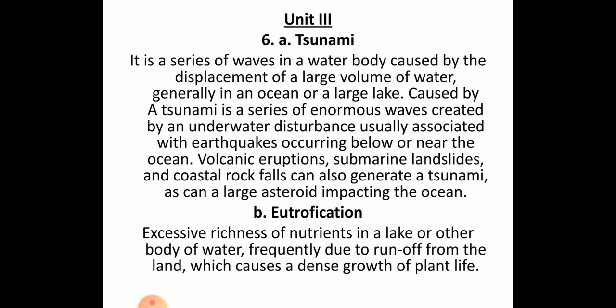Next, eutrophication. In eutrophication, you can see larger algal blooms, like completely green patched lakes or ponds. Why does it usually happen? For example, during rainy season, a maximum amount of soil or sand particles are washed away by the rainwater and get into the pond.